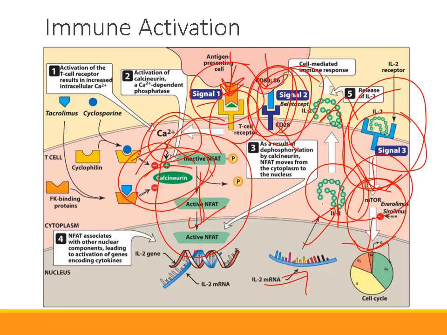This activation of calcineurin is important. This activation of mTOR is important as well. And you can see all the little red minus signs are showing you places where we can have drugs that can work or inhibit this process.